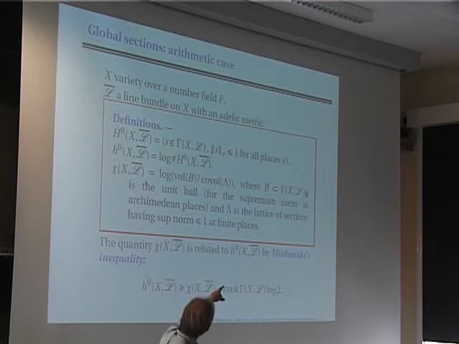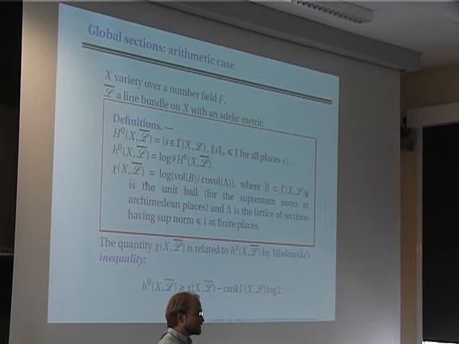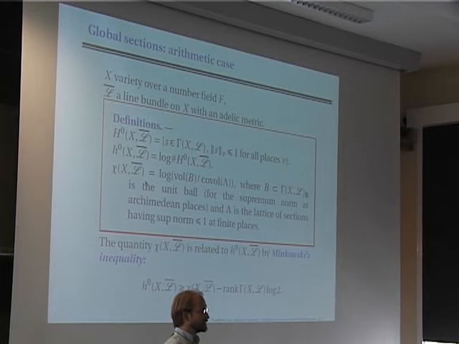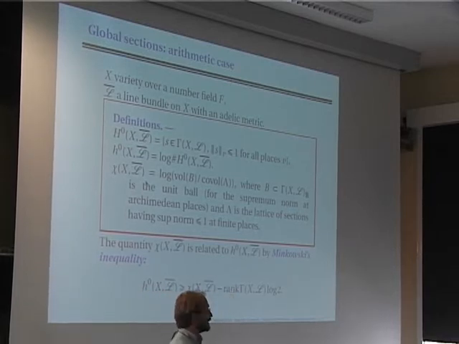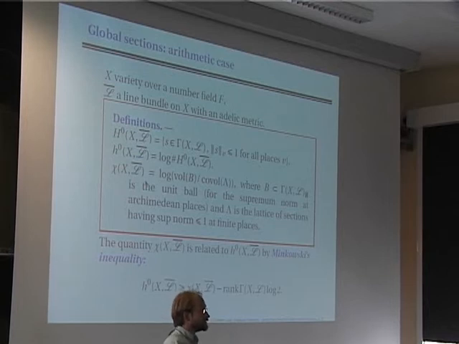That means the set of sections whose norms are smaller than 1 at all Archimedean places. The second set is lambda, the set of sections which have sup norms smaller than 1 at all finite places. And I'm interested in the intersection of these two sets. Observe that lambda is a lattice in gamma of X, L, and that B is really a ball.